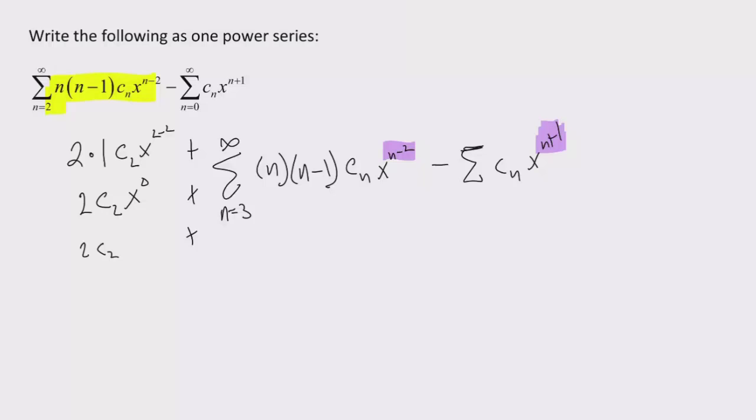What if in this first set, this guy right here, we replace n with k, and we let k equal n minus 2? I'm picking the variable that was the exponent, the n minus 2. And in this pattern, what do you think I should let k equal here? In that case, I think k should equal n plus 1.